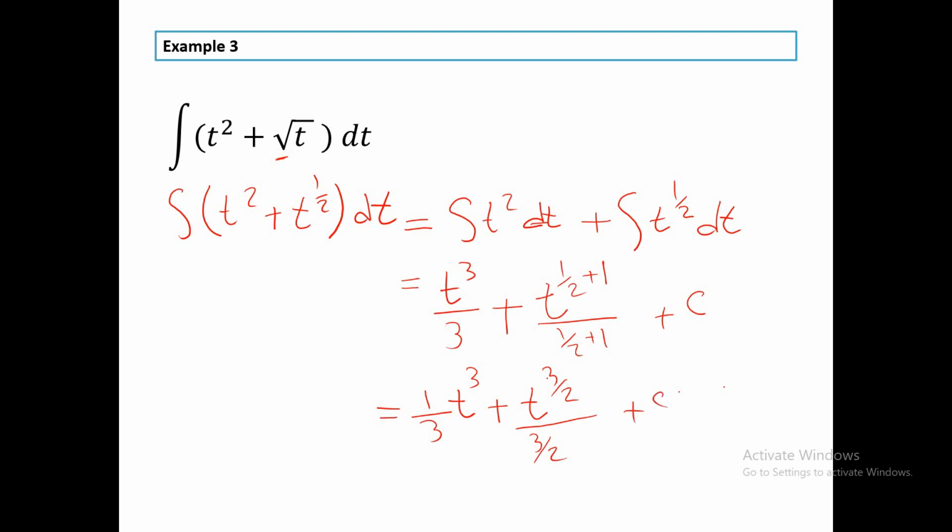So it's going to be 1 over 3 t power 3 plus t power 3 over 2 divided by 3 over 2. Division: keep, switch, flip, so it will be 2 over 3 coefficient, and the power 3 over 2 means the square root of t power 3, plus a constant, and that is the final answer.